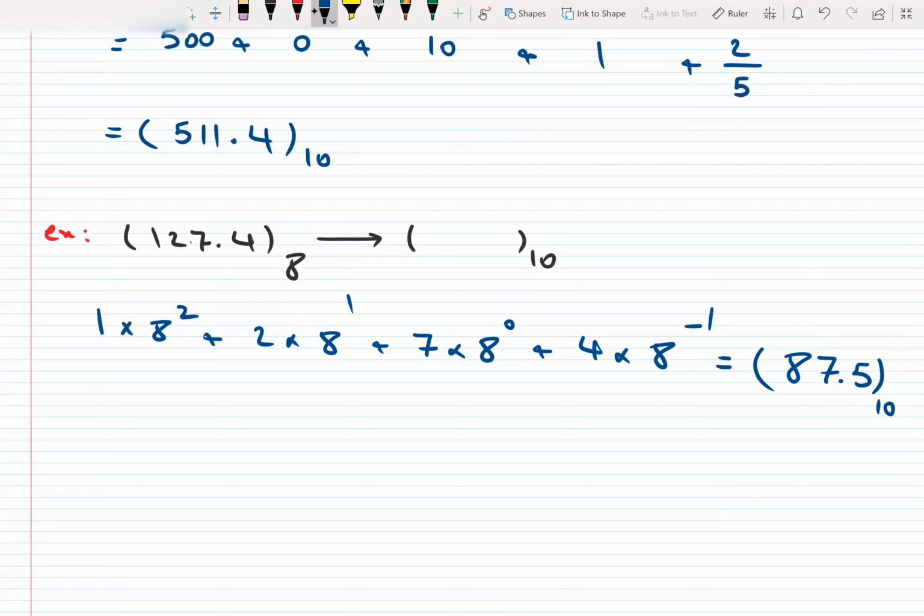If we're talking about base 4, the coefficients are 0, 1, 2, 3. If we want to work in base 9, the coefficients are 0, 1, 2, 3, 4, 5, 6, 7, 8. But what if the base is greater than 10? What if the base is 16?